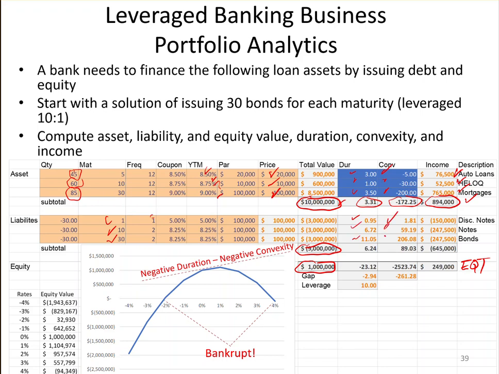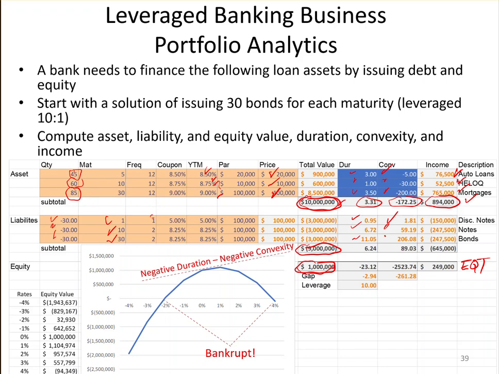What I've done here is enter the simplest solution. If they want to issue $9 million of debt and $1 million of equity to buy the $10 million of assets, what if they just buy 30 of each of the quantities? That'll get me my $9 million.